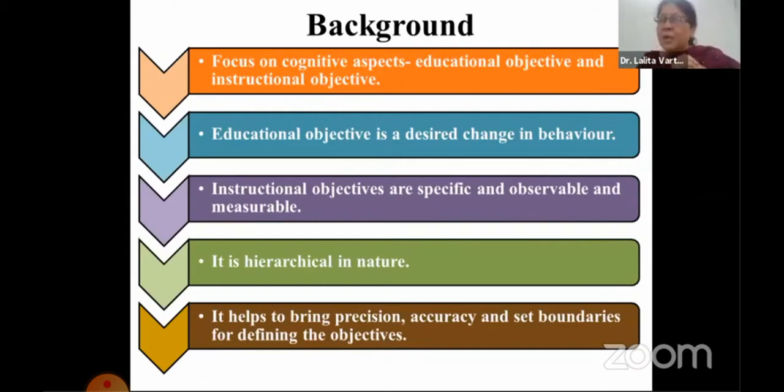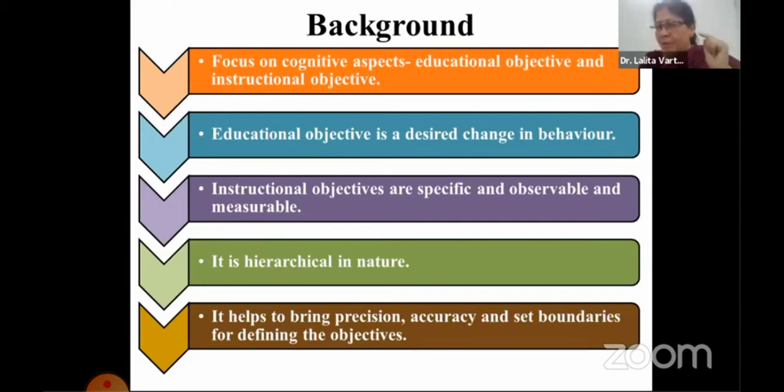If that becomes a broader educational objective, the specific instructional objectives could be that a teacher is able to design an effective PowerPoint presentation, or effectively make a video, or effectively handle the different technological material. So this is what I mean when I say that the instructional objectives are specific, observable, and of course measurable. Again, you will realize that there is a specific hierarchy in its nature.